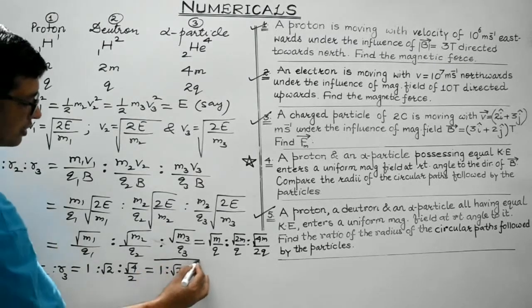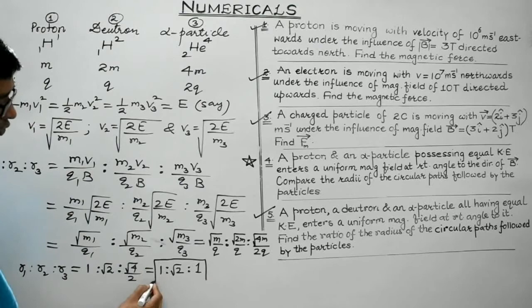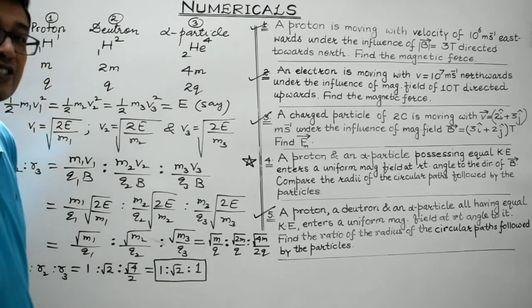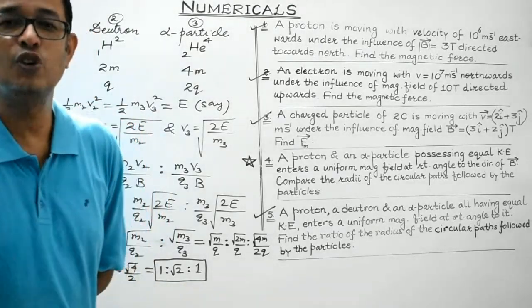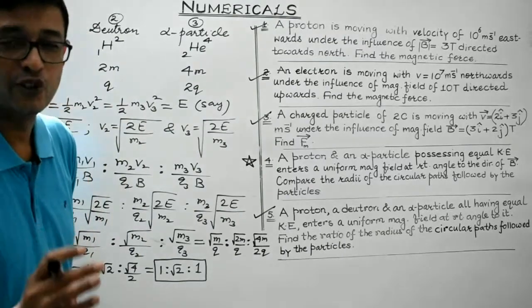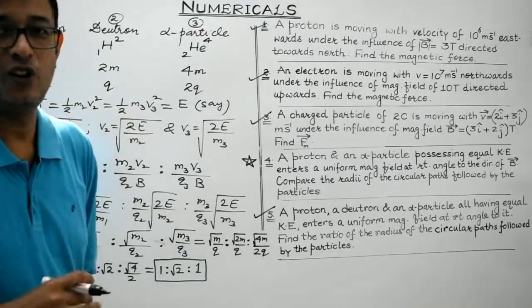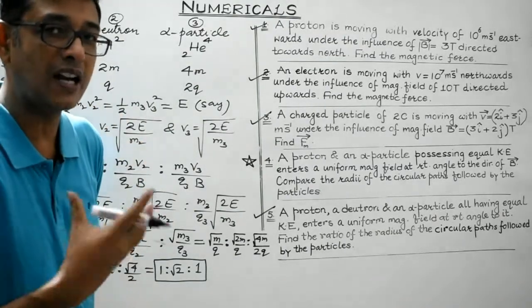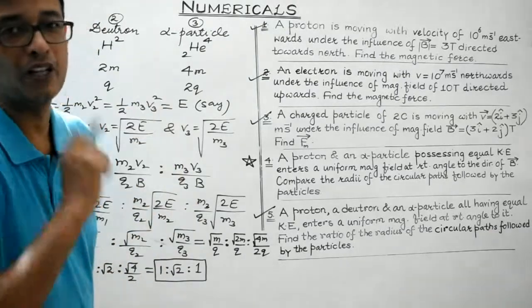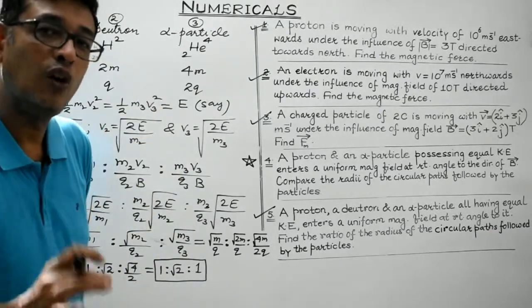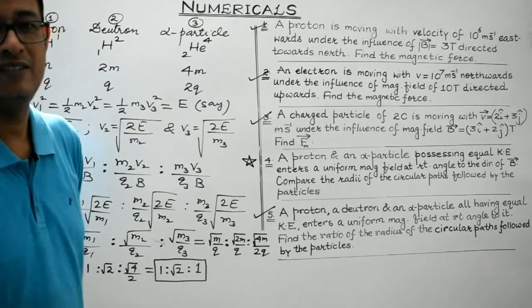So students, this is the ratio of the radius of the circular paths followed by proton, deuteron and alpha particle on entering a region of uniform magnetic field in a direction perpendicular to it. So the answer is 1 is to root 2 is to 1.